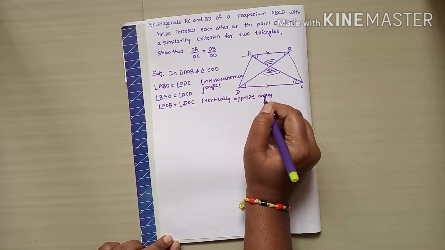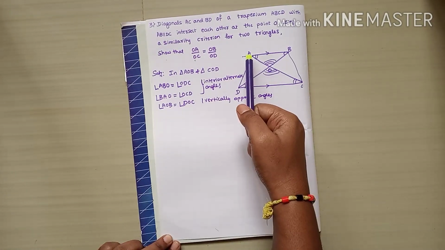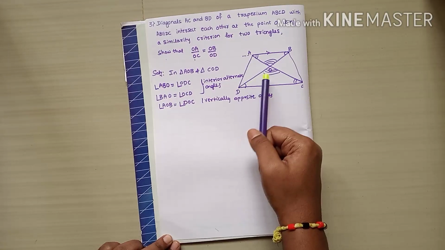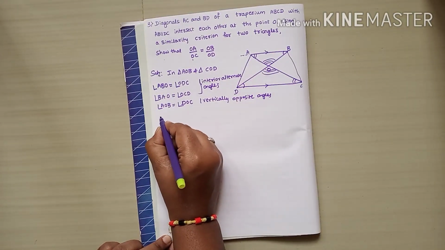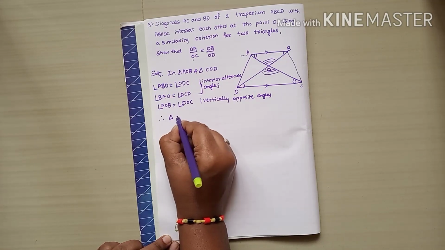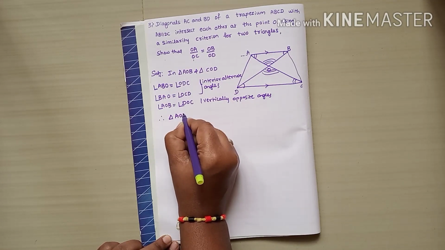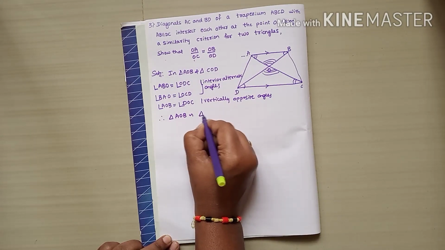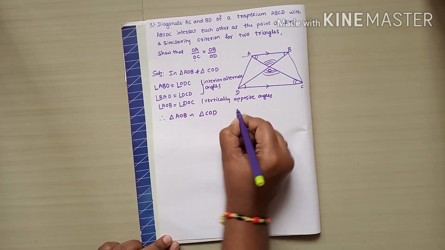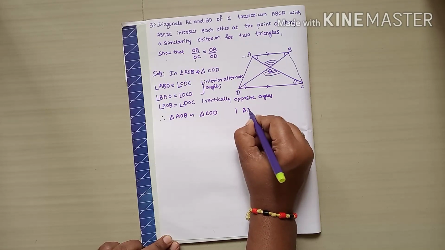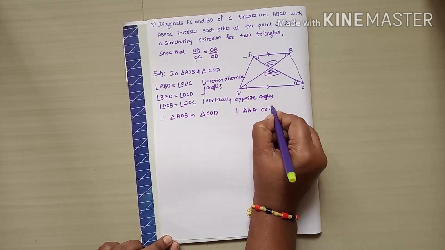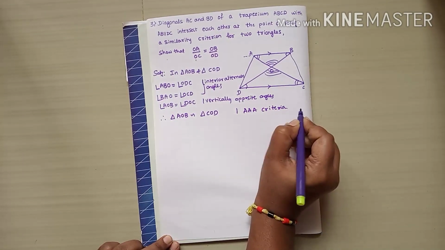All the three angles of triangle AOB are equal to all the three angles of triangle ODC, so we can say these two triangles are similar. Therefore, triangle AOB is similar to triangle COD by angle criteria, or AAA criteria. This is also called the AA criteria.